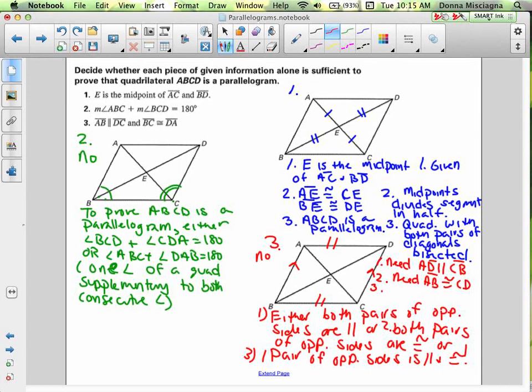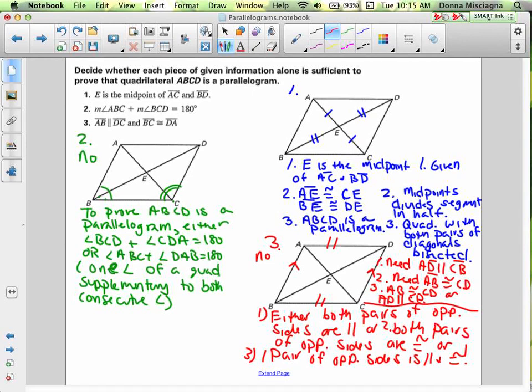So either AB has to be congruent to CD, or we need AD parallel to CB, so that we had one pair both parallel and congruent.